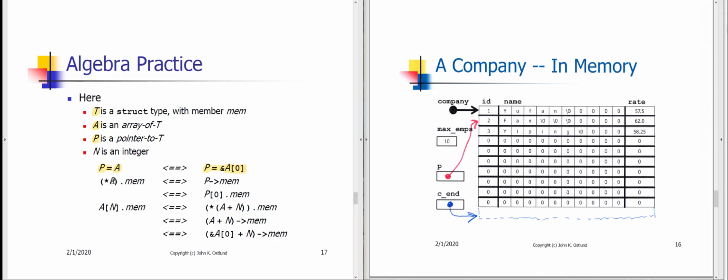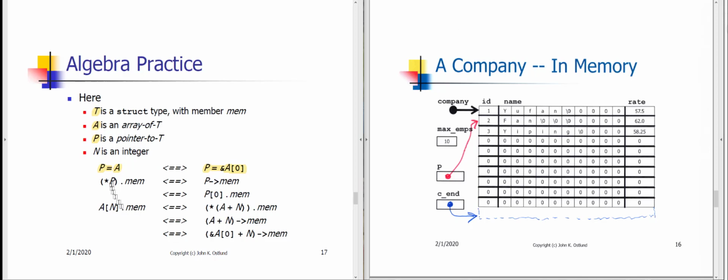Now, P is pointing at a T object, so star of P in parentheses dot mem accesses the mem component of that structure that P is pointing to. This, as we know, is equivalent to P arrow mem, but it's also equivalent, remember that star P, when we're dealing with arrays, is equivalent to P sub 0. So star P in parentheses dot mem is also equivalent to P sub 0 dot mem, and some people prefer to write it that way.